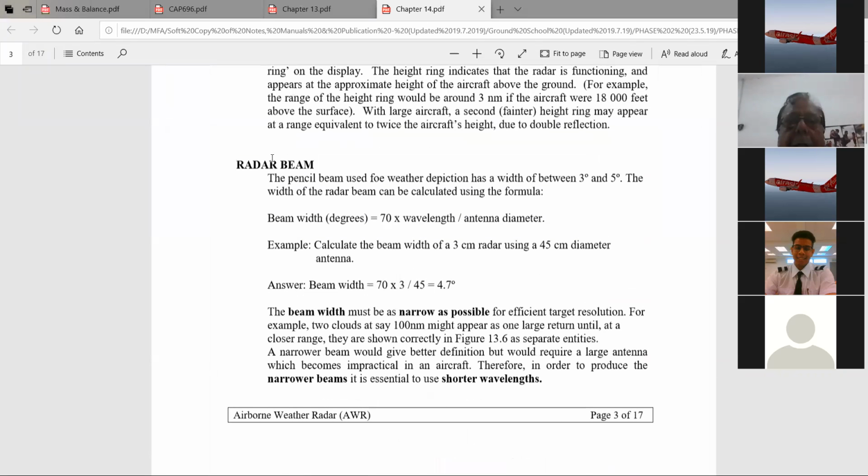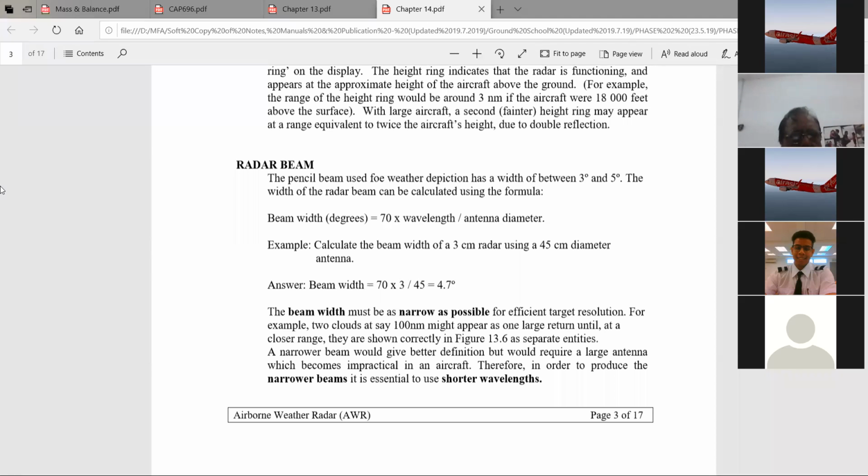Now we are talking about this particular beam. These are the radar beams as I mentioned, right? Now, one of the requirements in radar, as I mentioned slightly earlier when you spoke about the basic principle of the radar, is that the beam should be as narrow as possible.